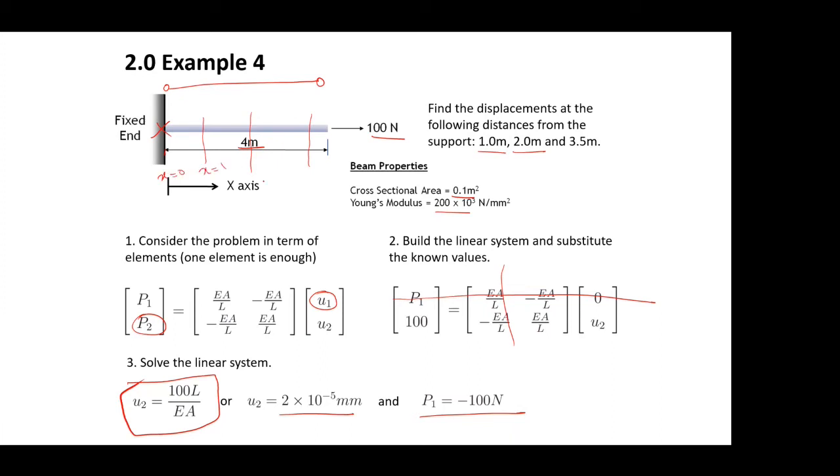X here is equal to 1, X here is equal to 2, X here is equal to 3.5, and obviously at the end, X is equal to 4. So you are interested in finding the displacement exactly at X equal to 1, 2, and 3.5. This is what you want to do, and in order to do this, you need to use the shape functions.